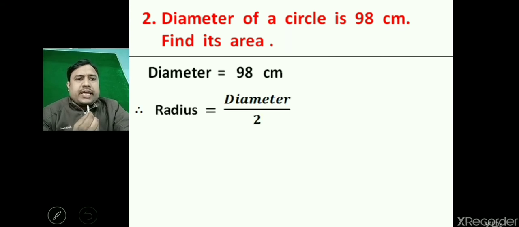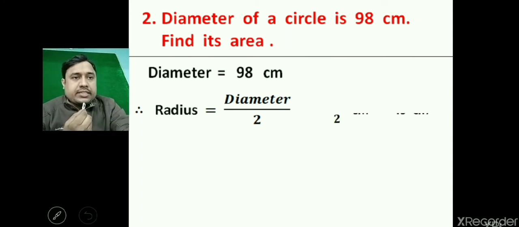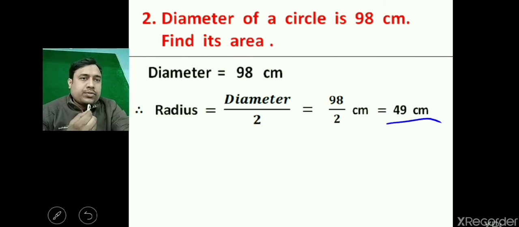Radius equals diameter by 2, because radius is half of diameter. So 98 divided by 2 gives 49 centimeter.